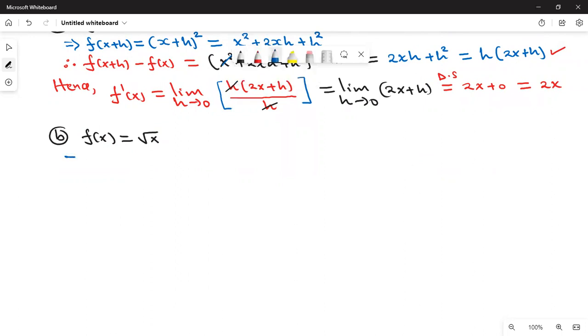So we write this implies that f of x plus h is the same as the square root of x plus h. So we now need to subtract the two, f of x plus h minus f of x.